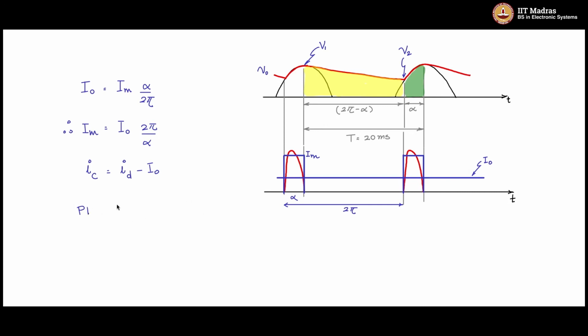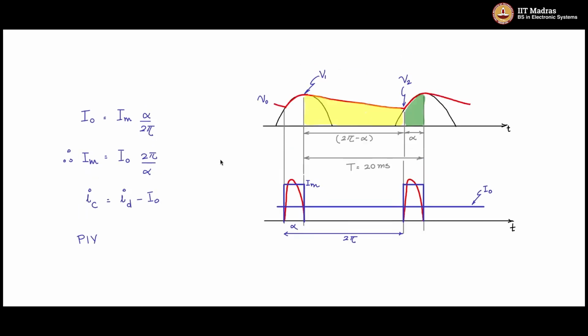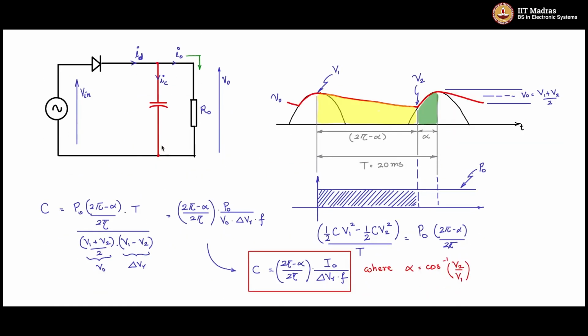To find the peak inverse voltage for the diode rating, we see here that this diode, when it is off, now let us say that when the load is very, very low, then the capacitor is charged to the peak value V1. Then the worst case for the diode when it is off is when the input is at its negative peak. So at that negative peak, you have a value of V1 here and a value of V1 here.